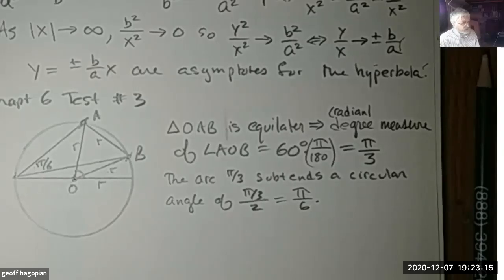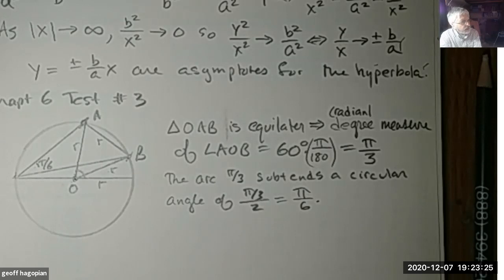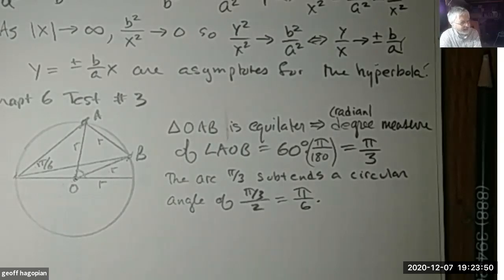So I guess I would write here somewhere: let O be the center of the circle, then OA equals OB equals R, the radius, right? Which is also AB.